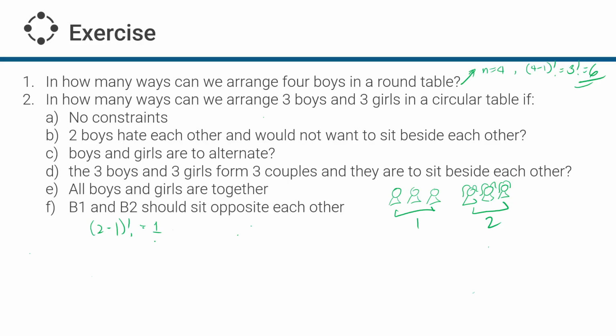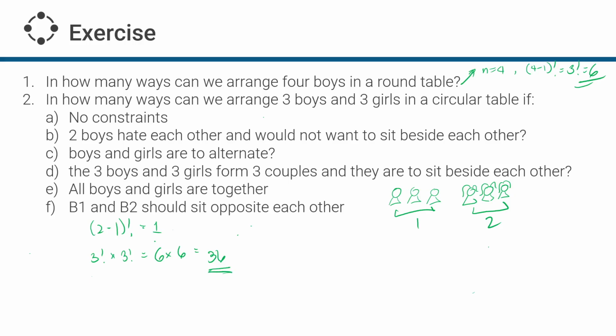And then within each block, we have 2 blocks sitting in an arranged manner. For each of the 2 blocks, they can shuffle among themselves. So for the first block, we have 3 factorial, and for the other one, we have 3 factorial as well. So this is 6 times 6 equals 36.